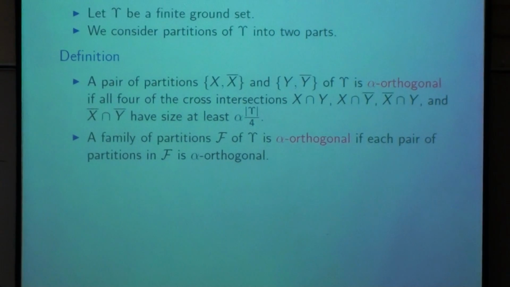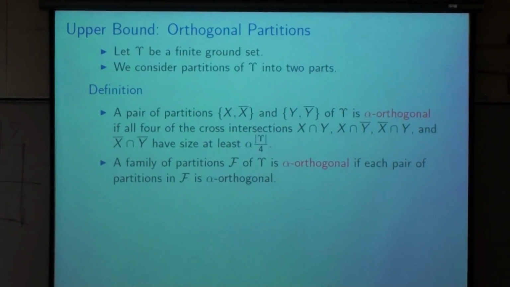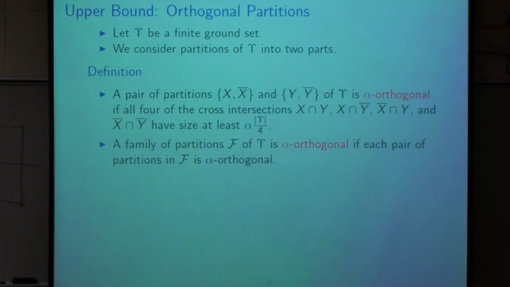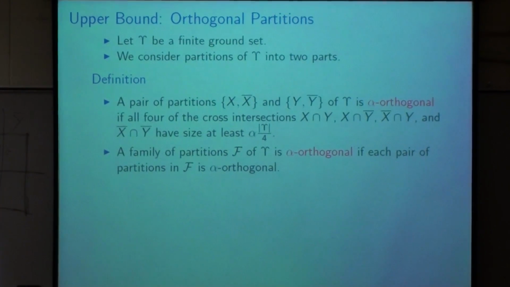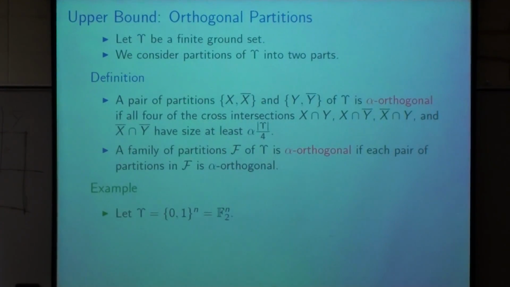Okay, so we say that a family of partitions is alpha orthogonal if every pair of partitions in the family is alpha orthogonal. Just to give a little example, suppose our ground set happens to be the n-dimensional vector space over the field of two elements.